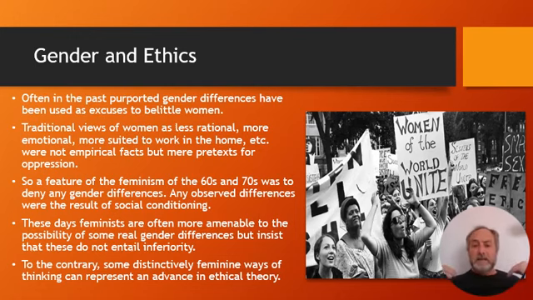There was a lot of instinctive reaction against the notion that men and women are different, because traditionally differences between men and women had been used to belittle women, right? So, the traditional view that men are rational and women are emotional, right?